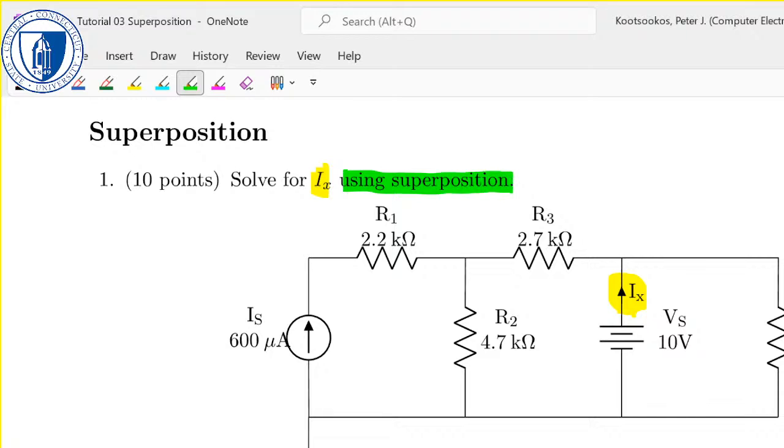I see it. So as soon as you see the word superposition, think independent sources. So I've got one independent source here and one independent source here. So I'm going to have to go through 2 iterations of solving this circuit.